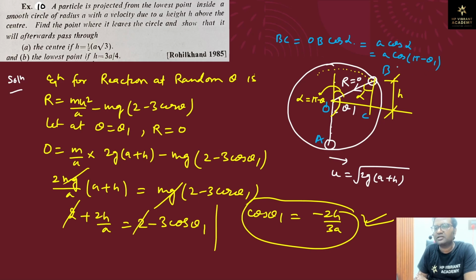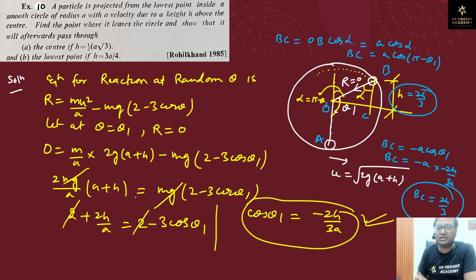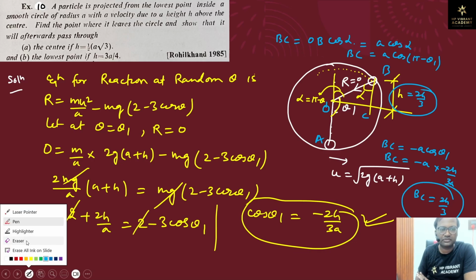The cos of pi minus theta 1 is minus cos theta 1, so BC is equal to minus a cos theta 1, which is minus a into minus 2h upon 3a. This means BC is equal to 2h upon 3. So at a height of 2h upon 3 from the center, it will leave the circle and follow a parabolic path. Let us proceed to solve part A of this question. This is clear: cos theta 1 is equal to minus 2h upon 3a.